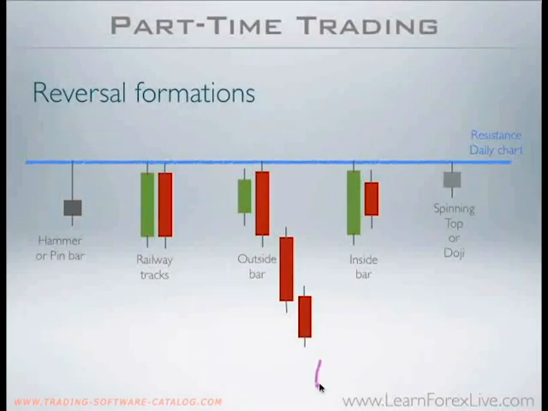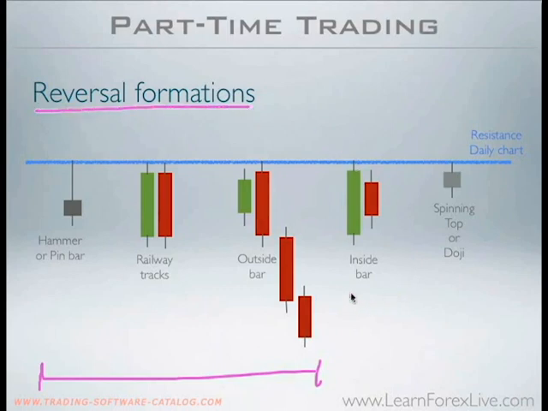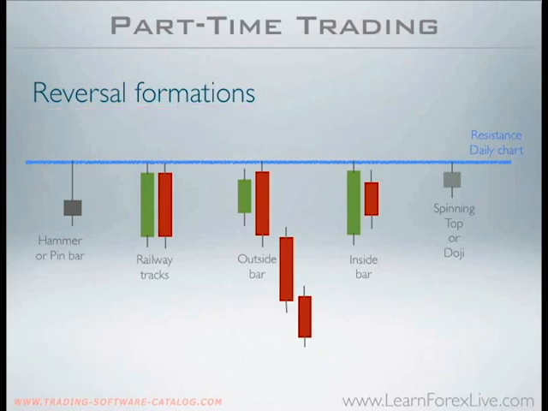Okay, so we've covered the three conservative reversal formations. It's time to move on to the aggressive ones. Maybe aggressive is not the right term I am looking for here, but I would certainly say that they do carry a lower degree of quality as a trading signal.